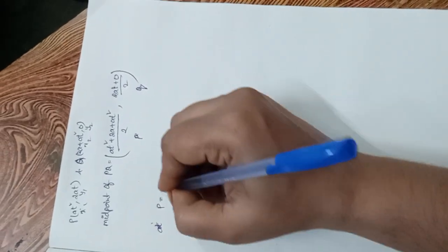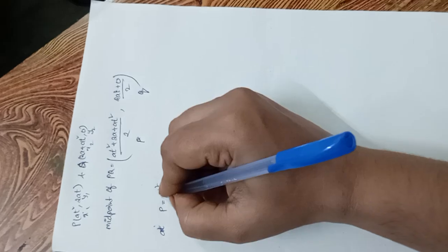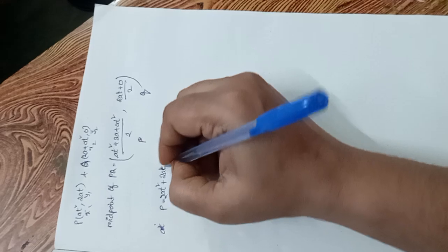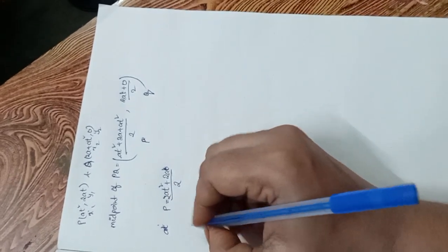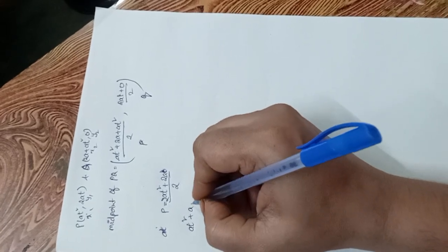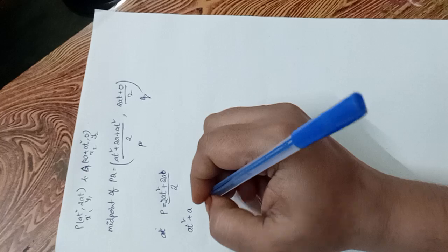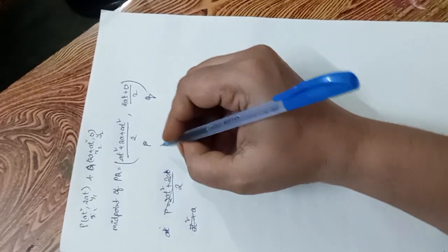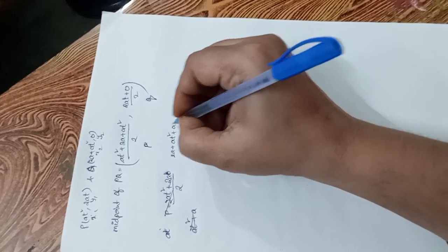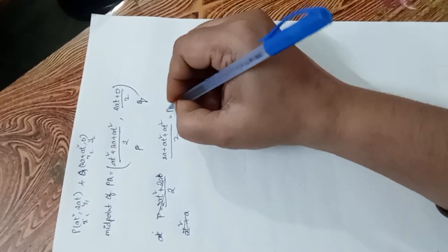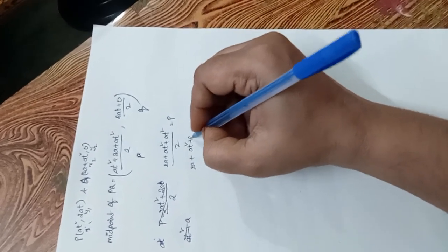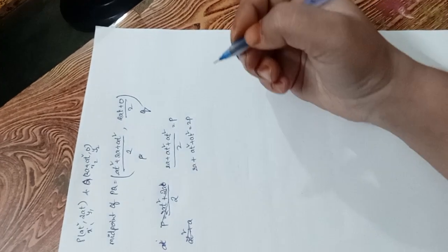So 2a plus at square plus at square by 2 equals to p. So 2a plus at square plus at square equals to 2p.